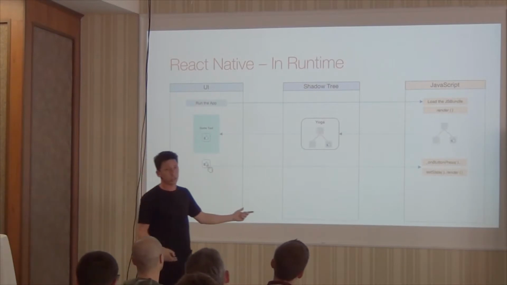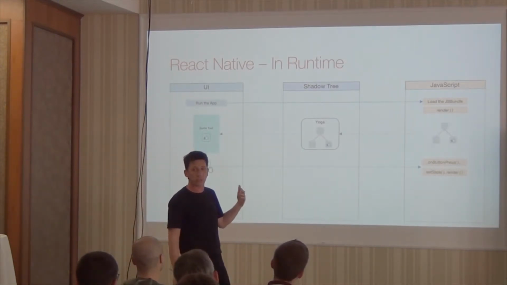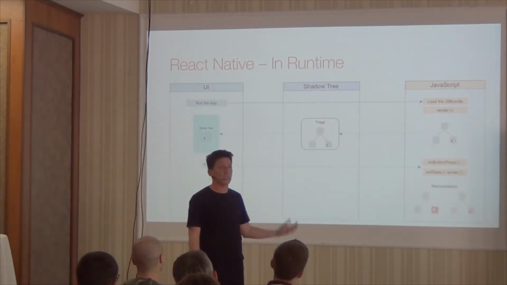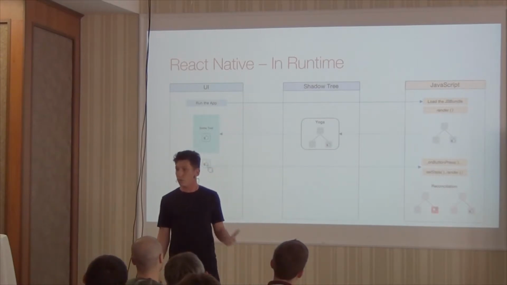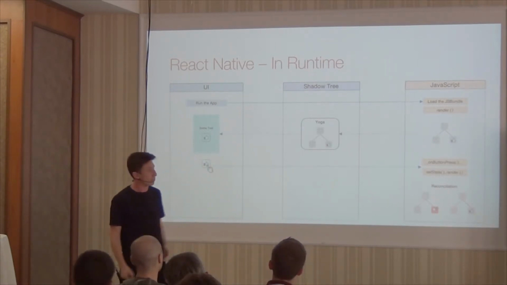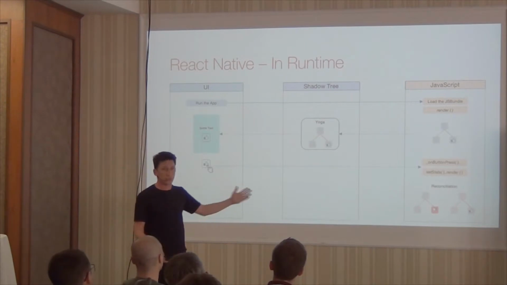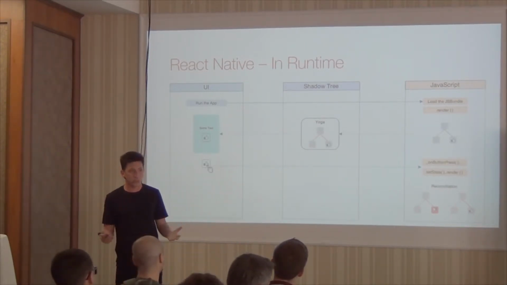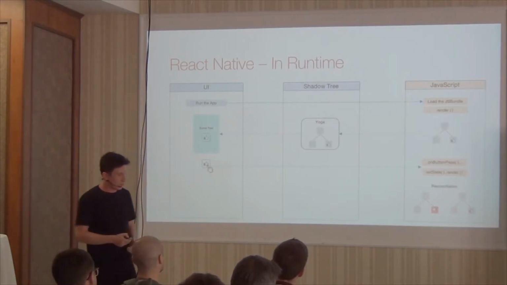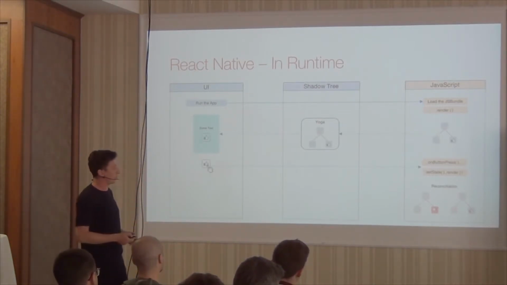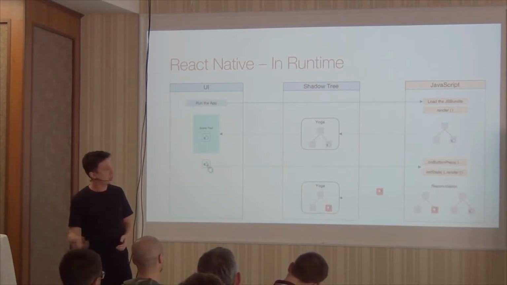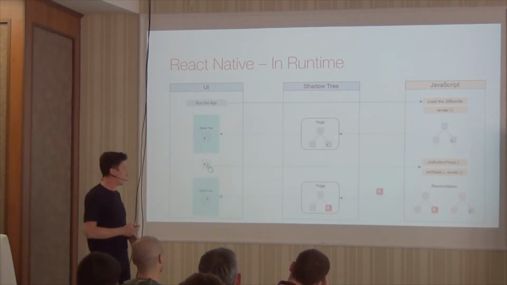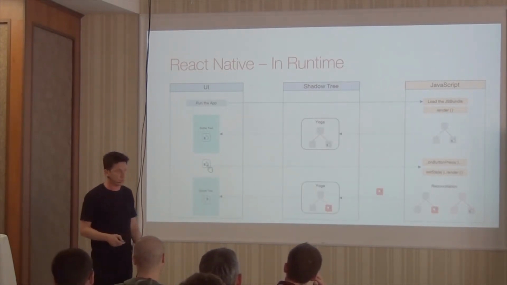We will change the state, and again, a render method will be invoked and will return us a new representation, a new virtual DOM. And here, the familiar reconciliation process will be done on the two virtual DOM trees, and we will find the diff that will be sent back to the native, and we will update the native side.